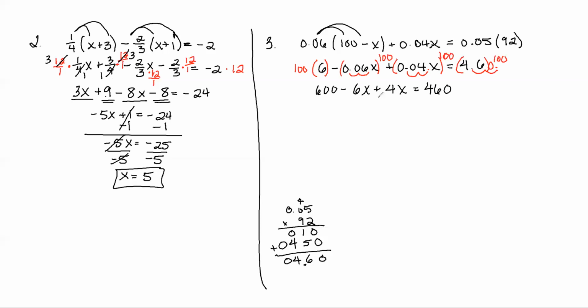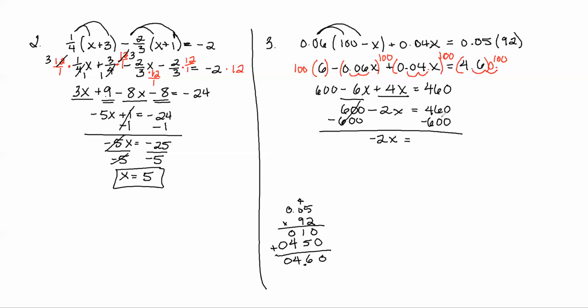All right, so back to this one. Let's go ahead and combine like terms. So we still have this 600. Negative 6 plus 4 is negative 2x equals 460. Let's move the 600 over to the right. So subtract 600. So we're left with negative 2x.